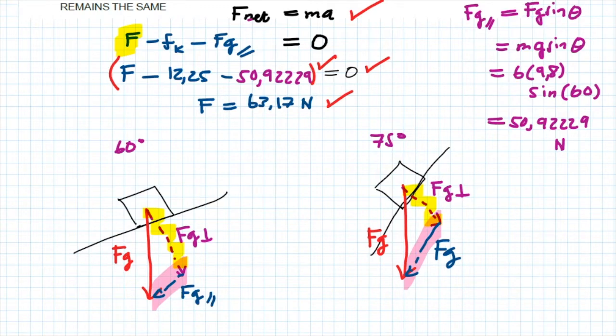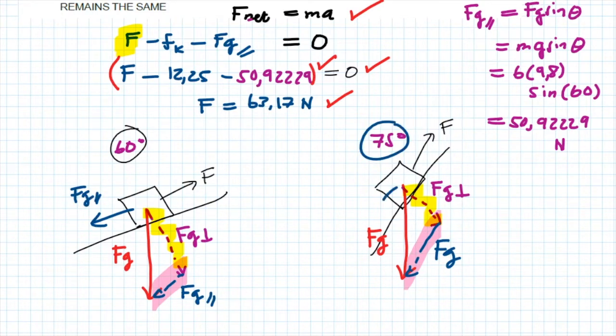So what is happening is we have a force being applied, force F, that has not changed. It's still parallel to the surface and has the same magnitude. But in this case, we have an FG parallel that is smaller than in this case where the FG parallel is quite long.